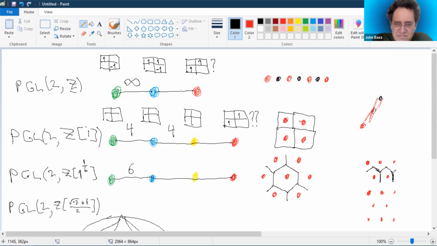Very badly drawn, but something like that. So they look like hexagons, but bad hexagons.